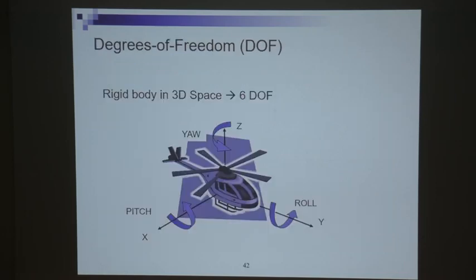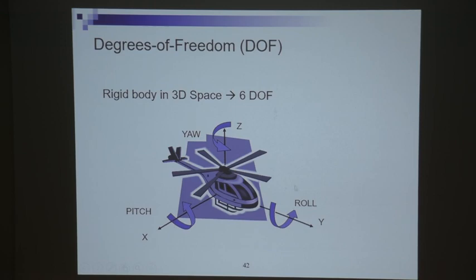When I have a rigid body in 3D space, I will have 6 degrees of freedom. You have the position as well as the orientation, and with that you have roll, pitch, and yaw.